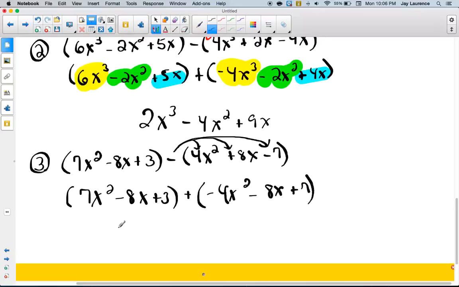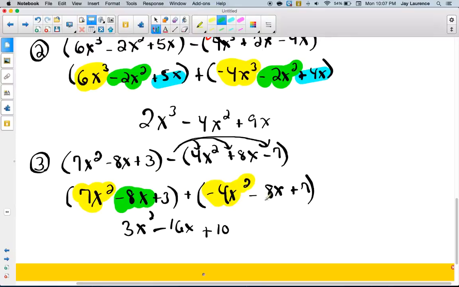And so I'm going to get 3x squared minus 16x plus 10. And if you still don't see it, I'll get the highlighters out and I'll do that for you. And then hopefully you can see what's going on. All right. There we go. And I think you'll find that my answer below comes directly from all that work.